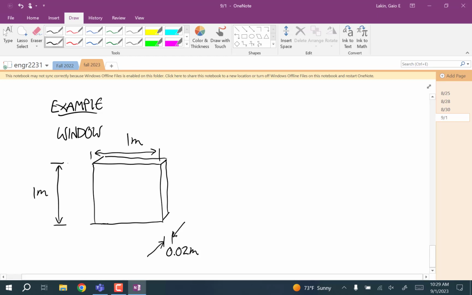The thermal conductivity of the glass is 1.05 watts per meter Kelvin. And the temperature on this side is 15 degrees Celsius, and on this side, we have 20 degrees Celsius on the back side.